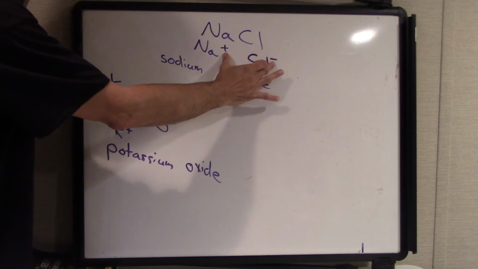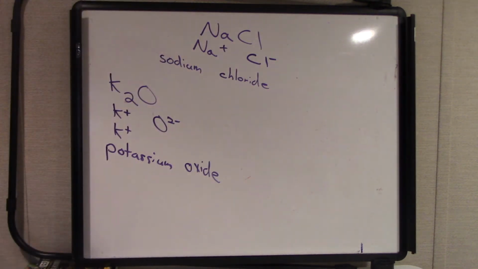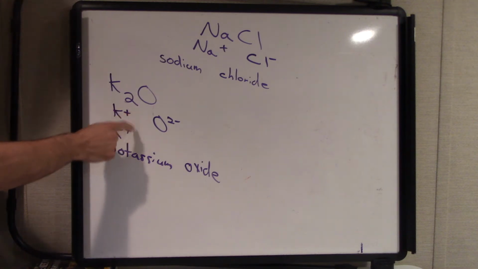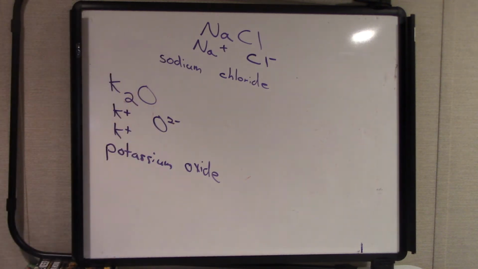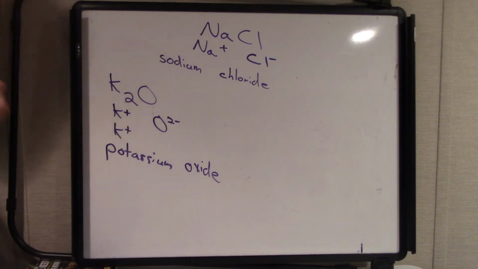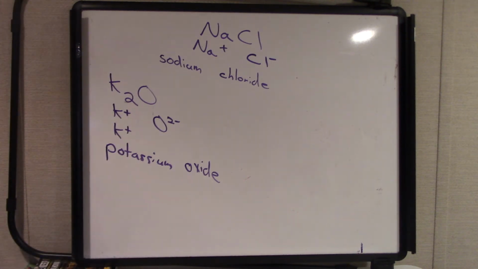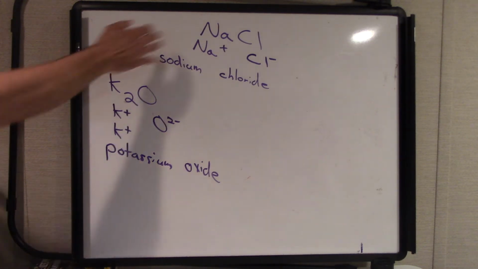That's charge balance, same amount of positive as negative. In the one we just completed, +1 and +1 for a total of +2, -2. We have charge balance in that. In every ionic compound that you're dealing with, you are going to have charge balance. You're going to have the same amount of positive as negative.